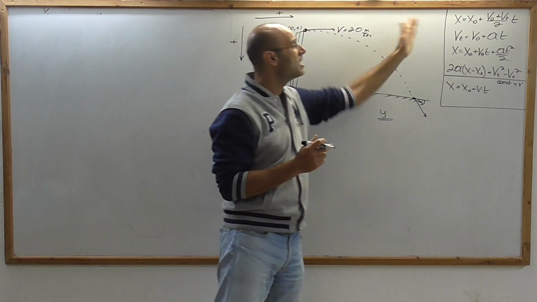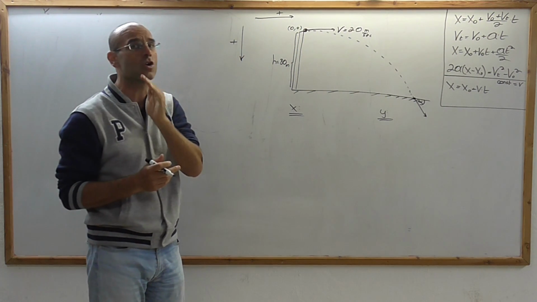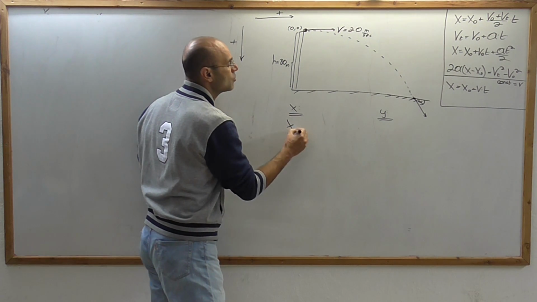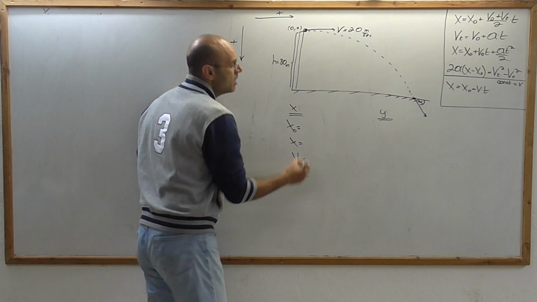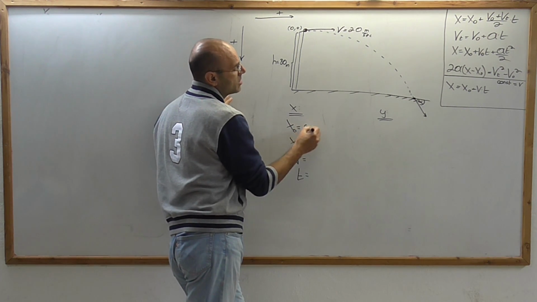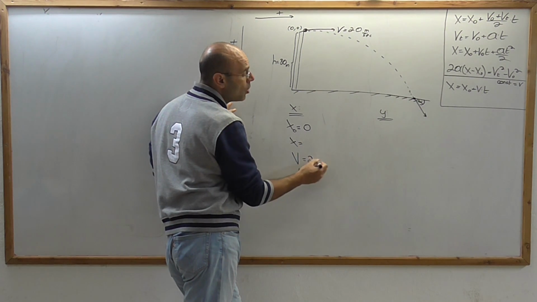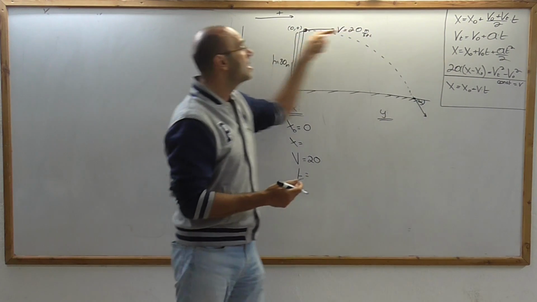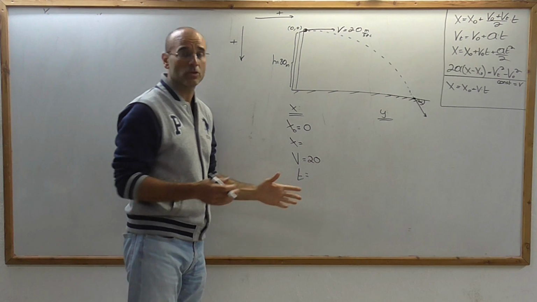So if it doesn't have any forces applied on it, it means that the velocity will be constant according to the first law of Newton. So I only need to write these 4 variables. x0 is 0, x final I don't know. Velocity is always 20 because it doesn't change. If there are no forces on it, the velocity in the x-axis remains 20. And time I don't know.